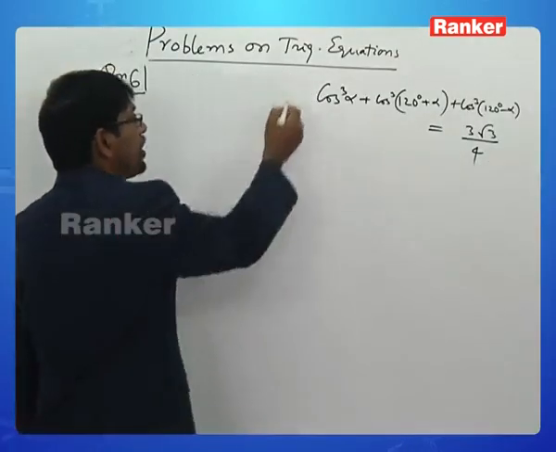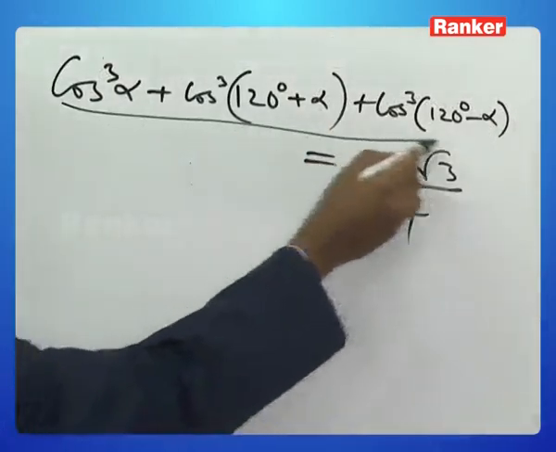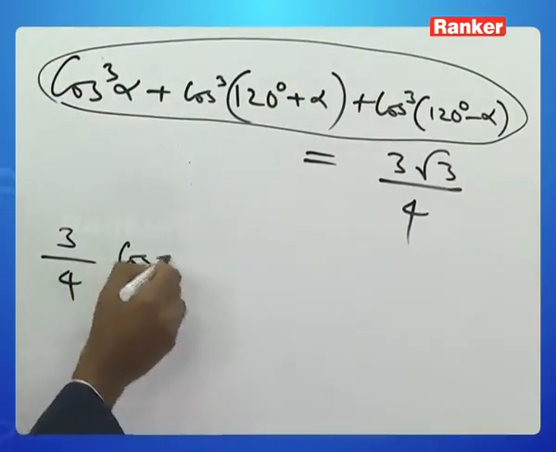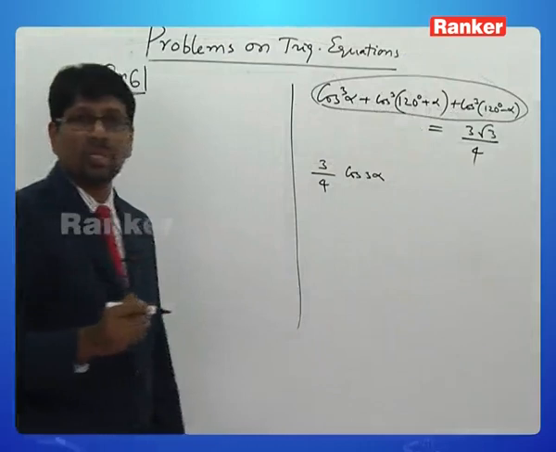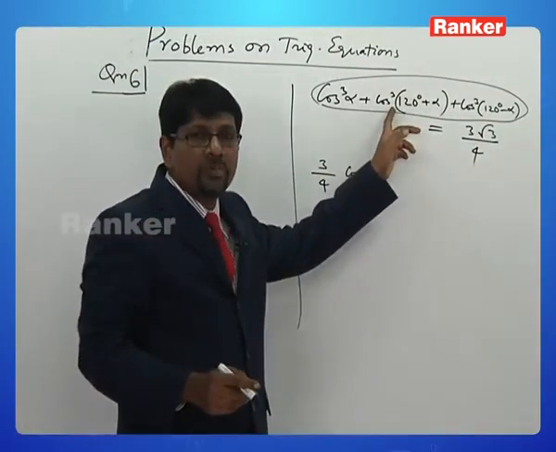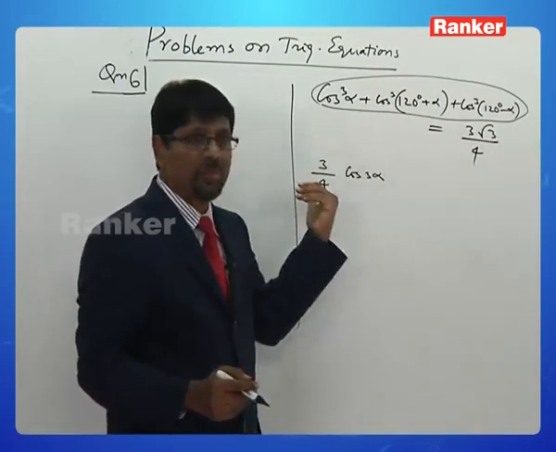Now there is a formula for this. This has to be memorized. This left hand side is equal to 3/4 of cos 3 alpha. Even if you don't remember the formula, you can go for cos of A plus B, expand it and club it.